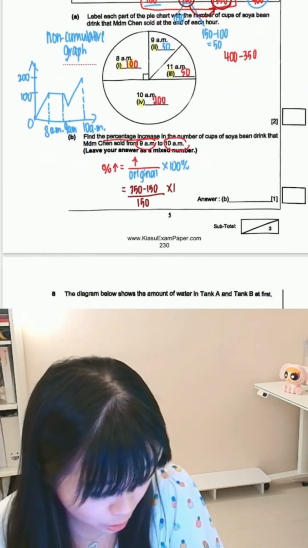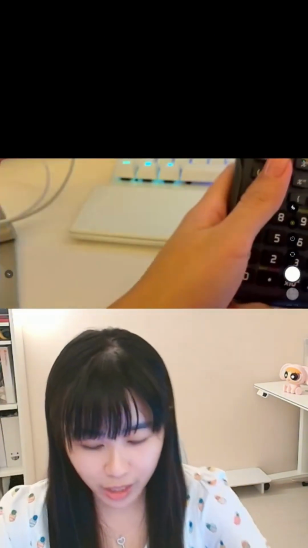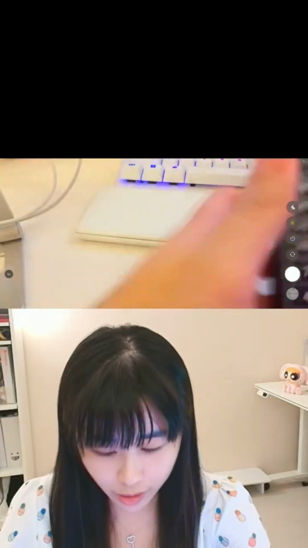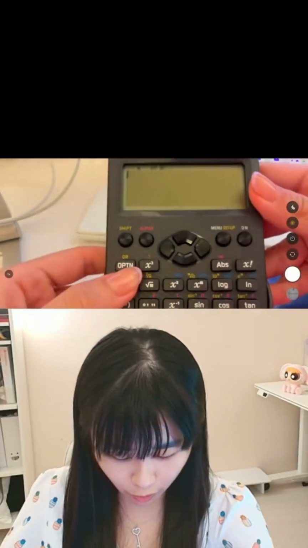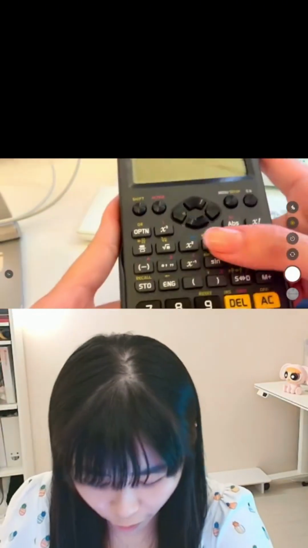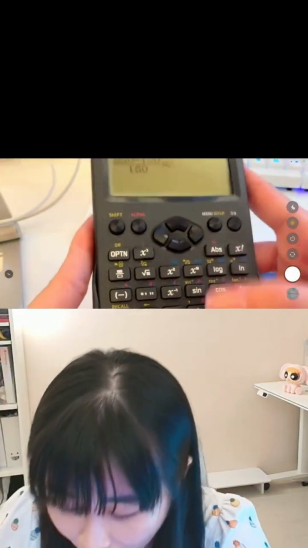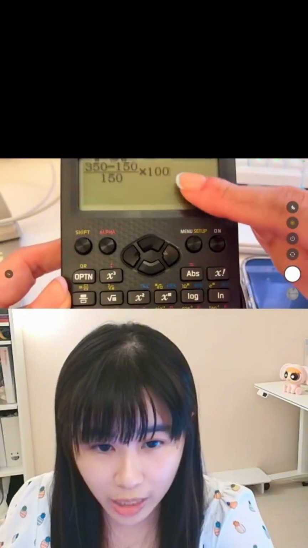Times 100%. Let me show you: 350 minus 150. Let's key in the calculator together. You confirm second guess yourself. So according to the question, 350 minus 150 over 150 times 100. By the way, do not key in the percent sign.